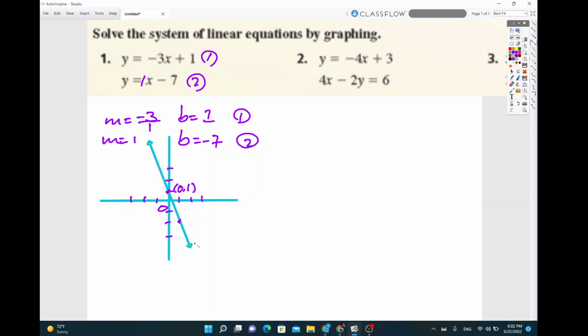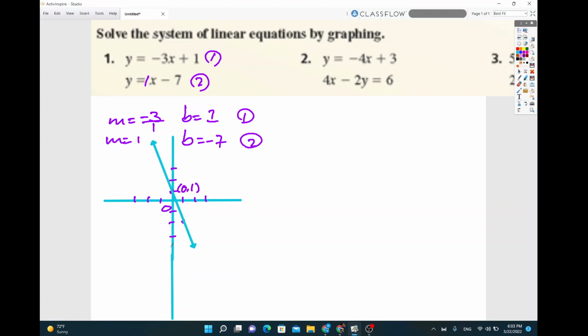Here's what we have. For the other equation, we start with the y-intercept, -7. Since -7 is further down, I need to extend the axis a bit: -3, -4, -5, -6, -7.